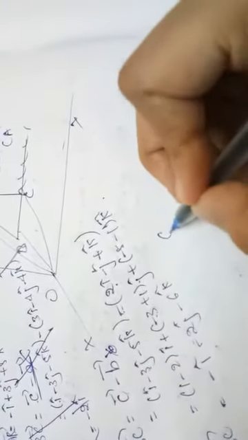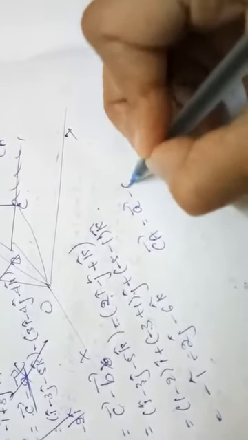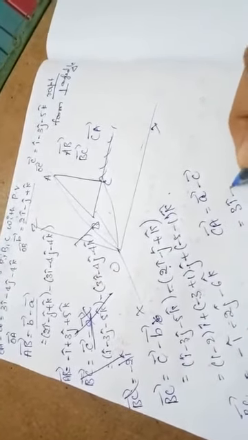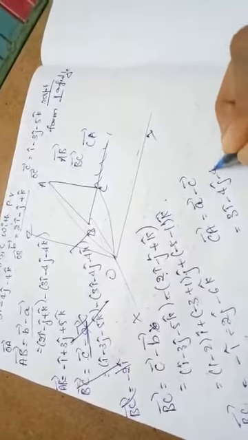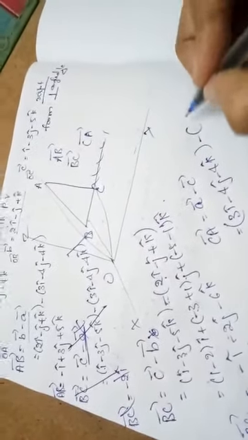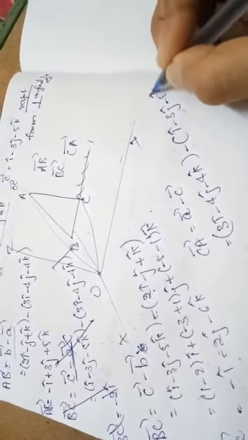Now similarly I need to get vector CA. It is nothing but vector A minus vector C. What is our vector A? It is 3i cap minus 4j cap minus 4k cap. What is our vector C? i cap minus 3j cap minus 5k cap.